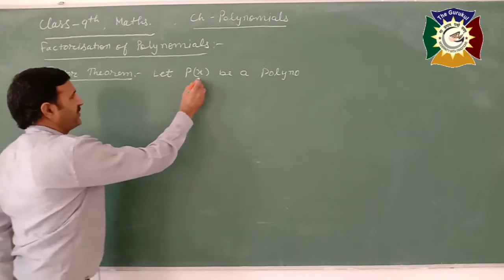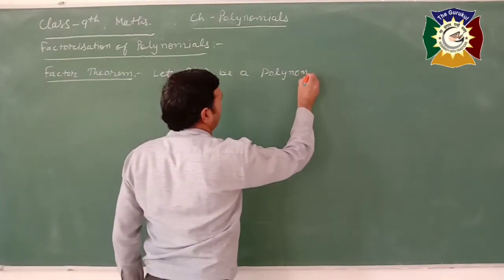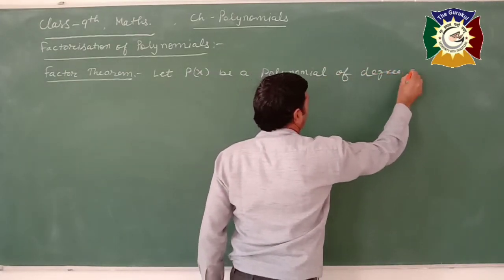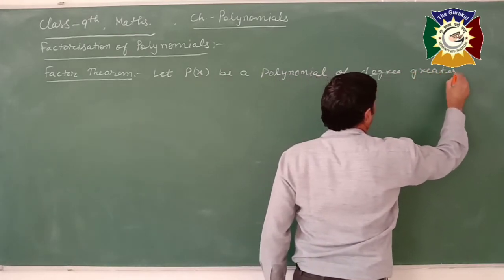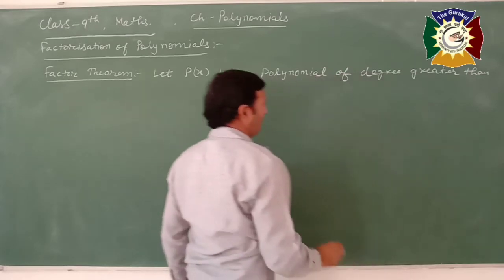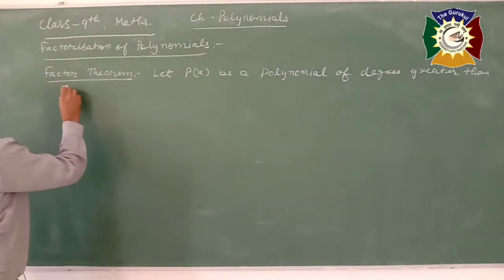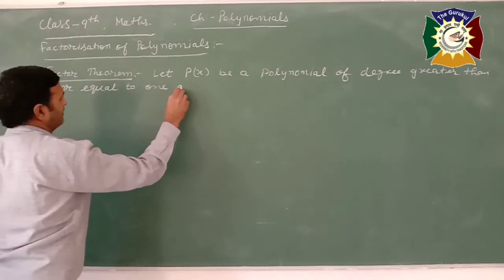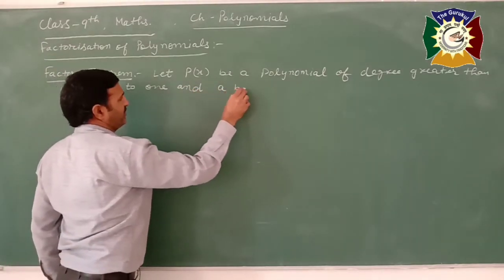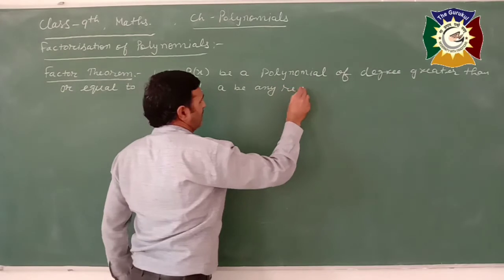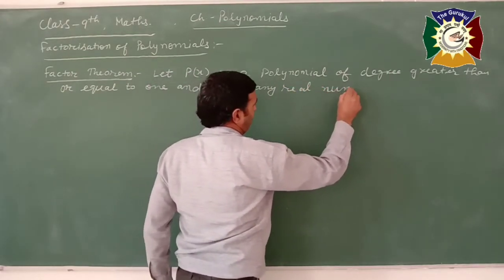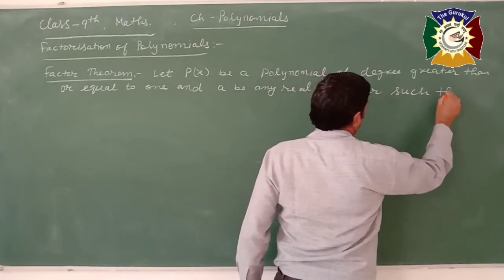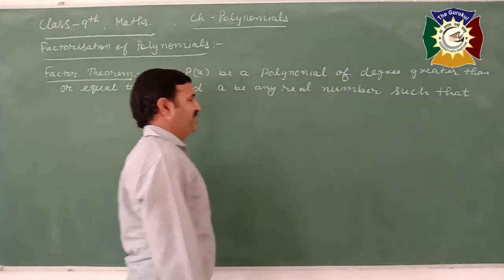Factor theorem. Let p of x be a polynomial of degree greater than or equal to 1 and a be any real number, such that, that means this is a real number.